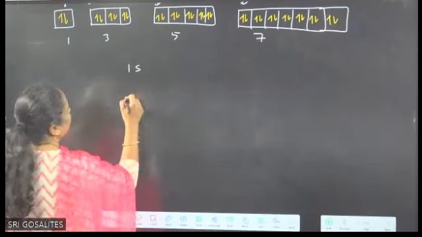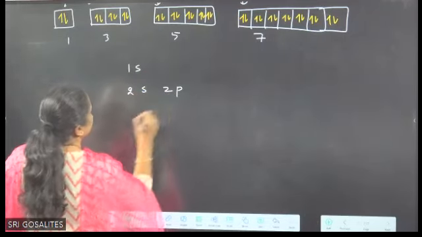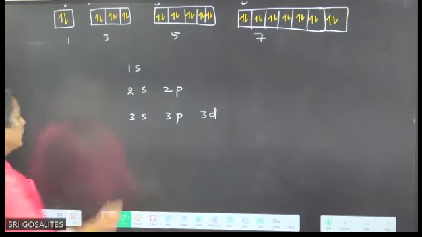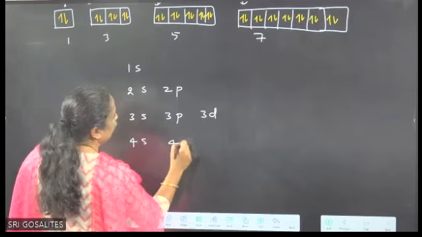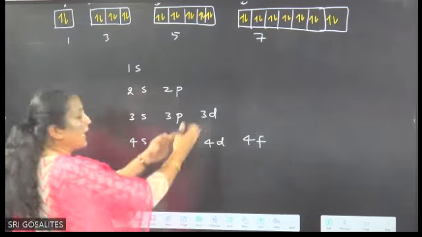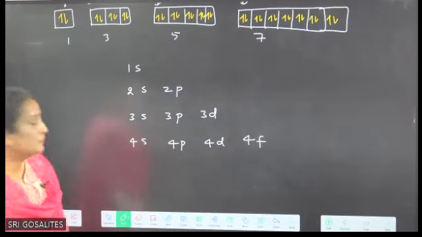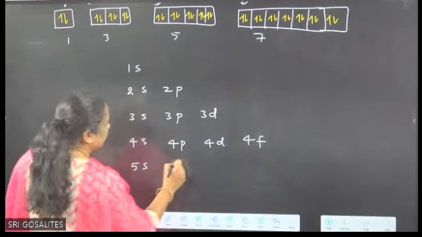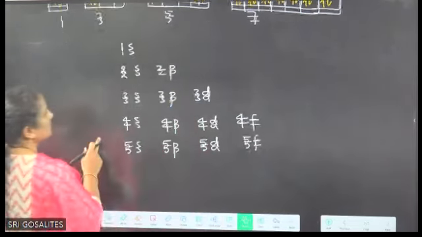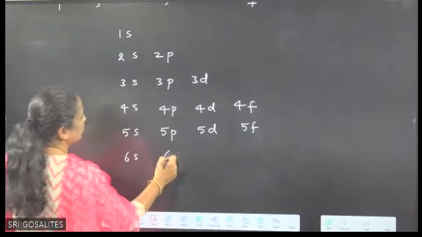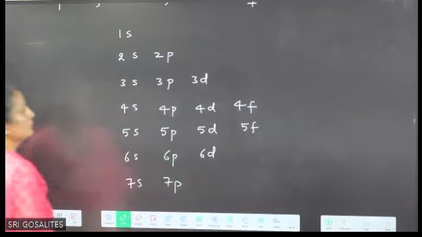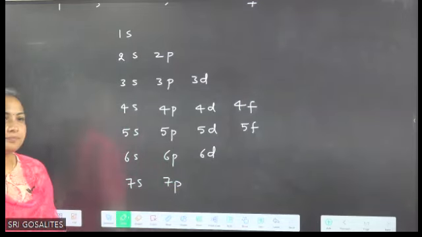You write 1s at one level, then 2s, 2p, 3s, 3p, 3d. Then 4s, 4p, 4d, 4f, keeping a proper gap between these. Then 5s, 5p, 5d, 5f. Then 6s, 6p, 6d, 7s, 7p. More than this, we do not require.